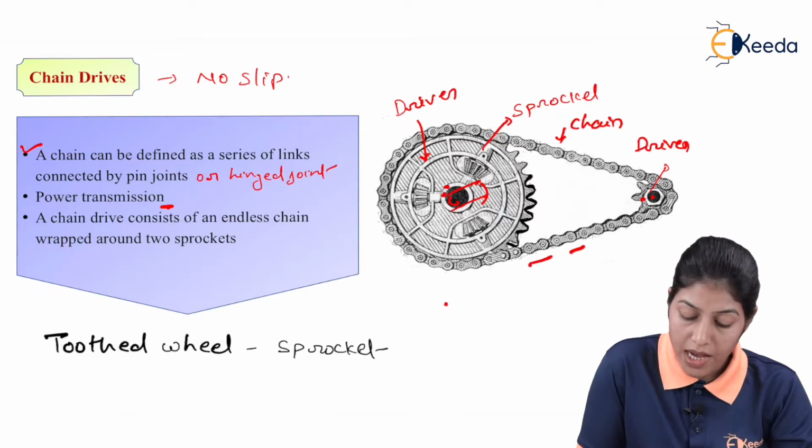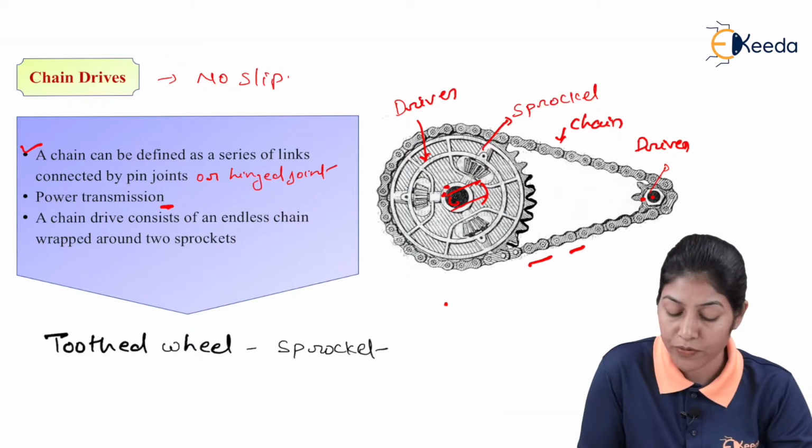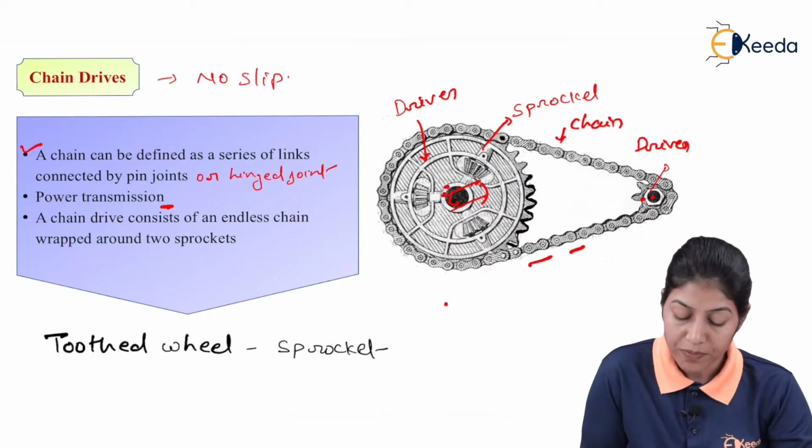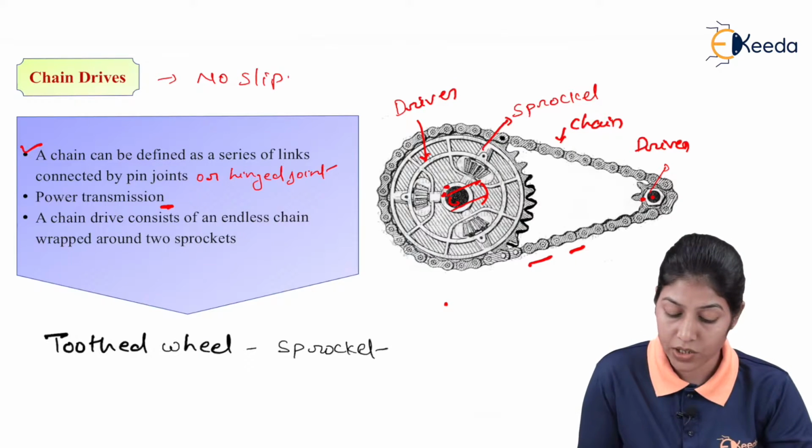And this chain is the combination of a number of links attached with hinge joints or pin joints. This hinge joint and pin joint provide proper flexibility, so about this hinge joint these two links can move in a particular direction, increasing the flexibility of the chain.